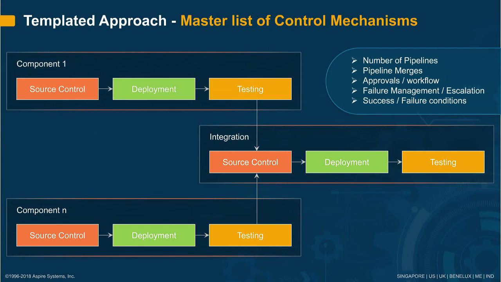It can be Jenkins or anything else. So you should be careful to define these workflows, define the approval process. You need to know who approves, when the approval happens, and when is something not approved or cancelled or reverted back. Right. And the fourth important point is failure management and escalation hierarchy.